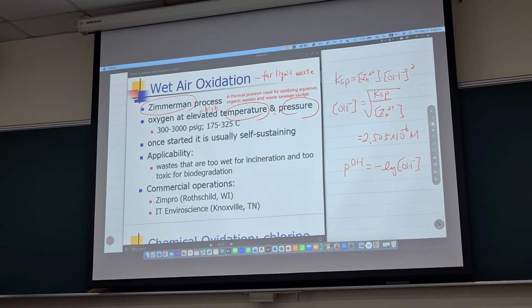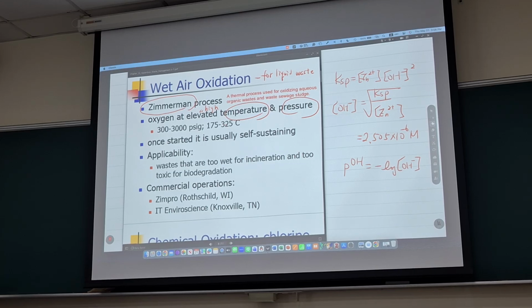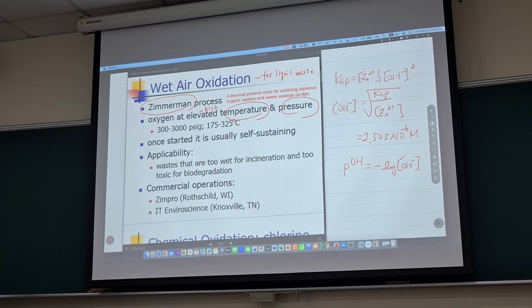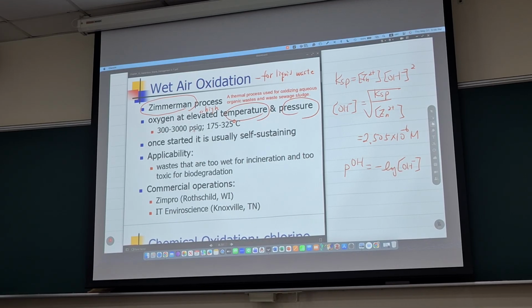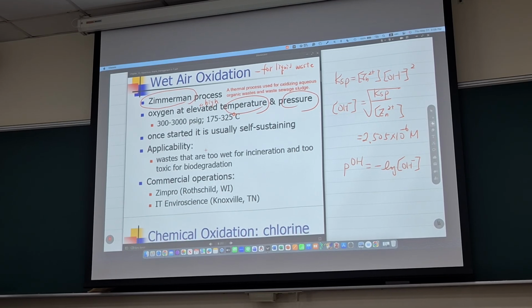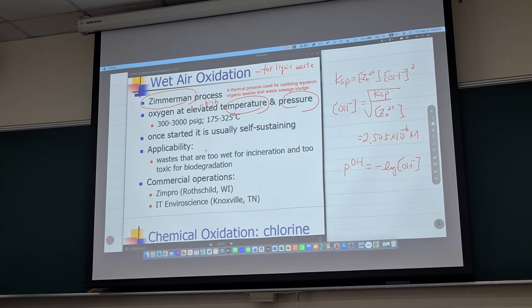Okay, typical conditions are 175 to 325 degrees Celsius and 300 to 3000 psi. Okay, but it has some limitations.